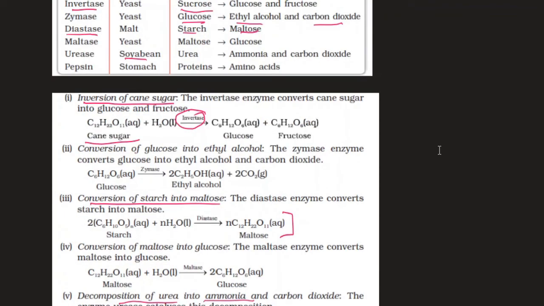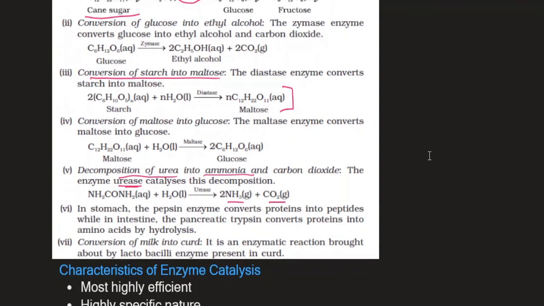And pepsin, that is the enzyme present in stomach. They are responsible for breaking proteins into amino acids. In stomach particularly, when you take any food containing protein, these peptides are obtained. That is, these are the hydrolyzed products of protein.